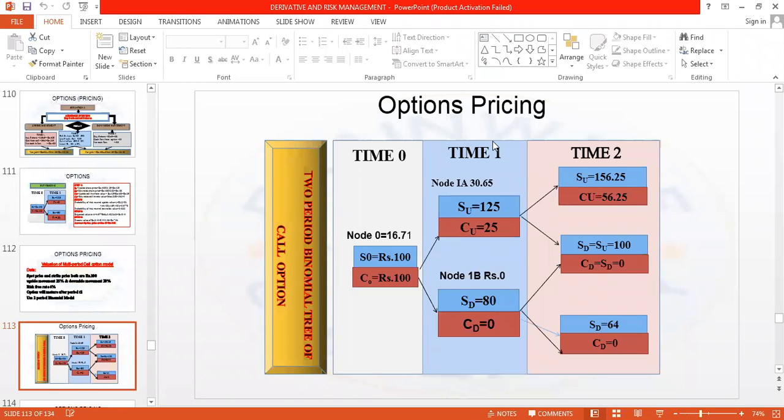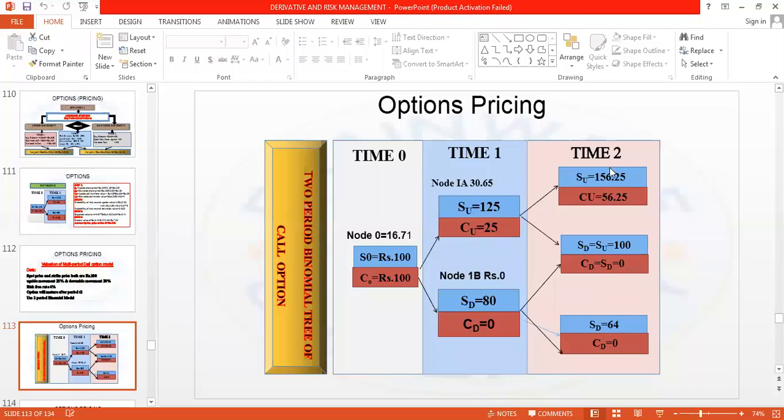Let us continue now our discussion on option pricing, where two time phase of movement of price has been considered, and we have already developed this particular tree in our previous diagram that is now available in this slide.